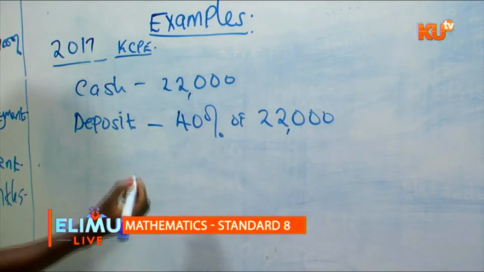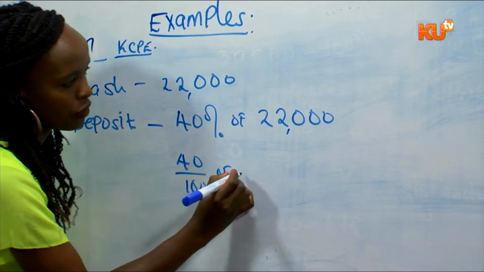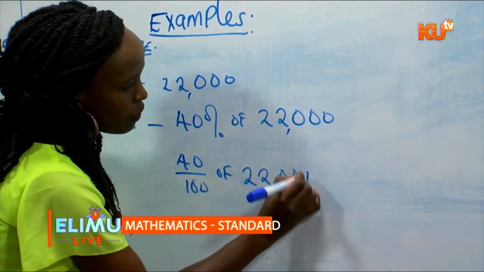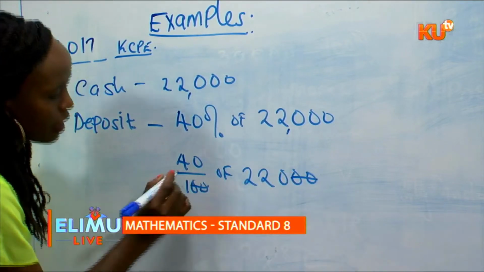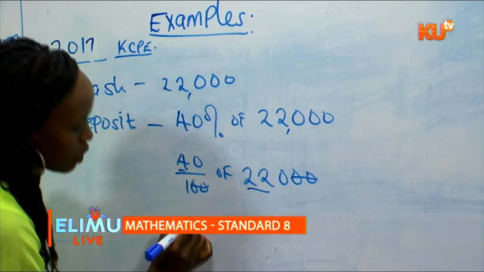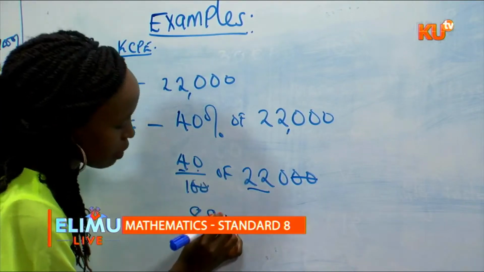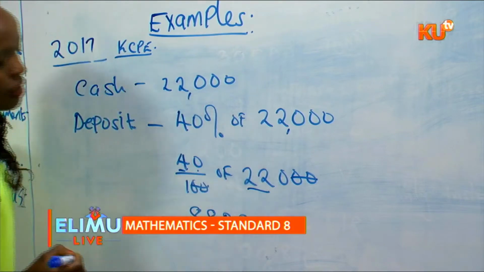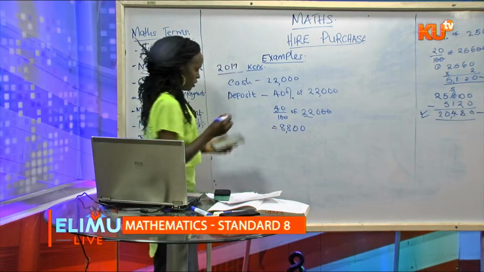So you first of all get the deposit. So 40 out of 100 of 22,000. We multiply here. 4 times 22 we get 88. We agreed we're in class 8, so we add the zeros, powers of 10. So we get 8,800. That was the deposit.